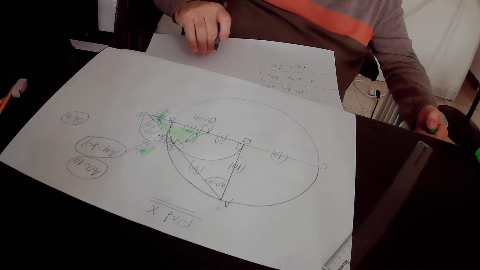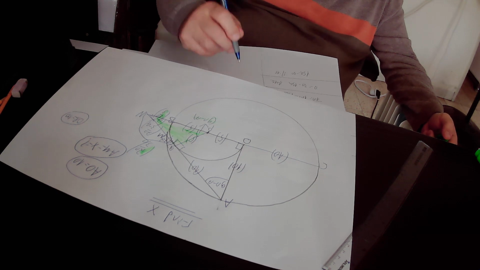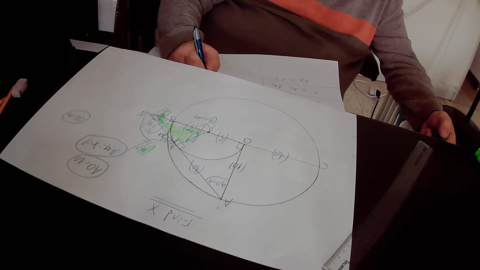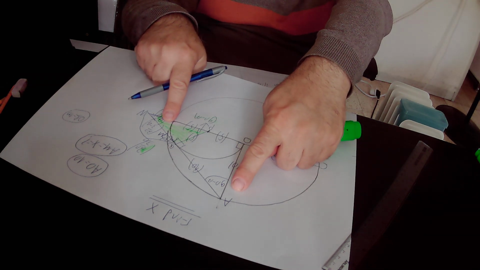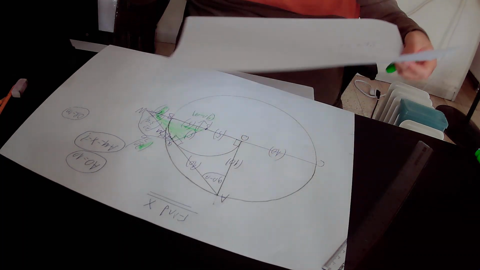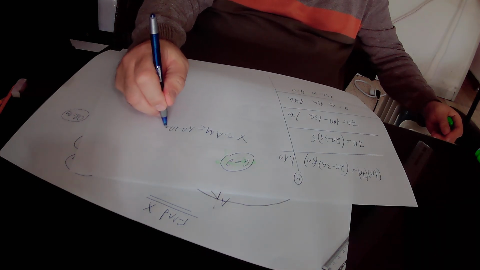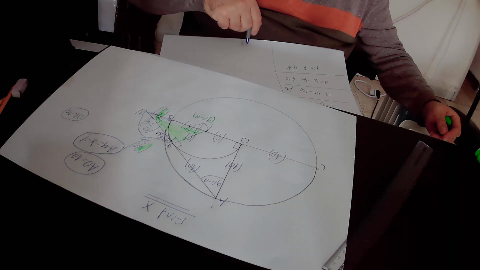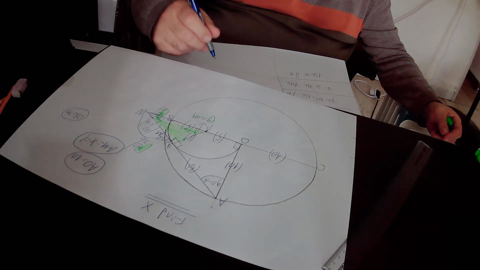Our mission is to find the length of AM, that is x. X is AM according to what is given in the question. And what is the length of AM? From the drawing, it is very easy to see that AM equals AQ plus QM. That is to say, AM equals AQ, that is 10, plus QM, that is a.